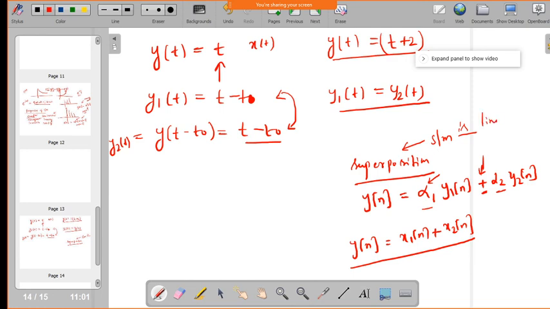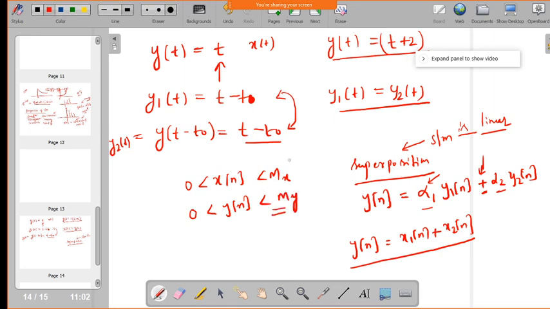We have done many problems on that. Now this is about the properties of the system, and stability. Say the input x of n has a finite set of values bounded by mx, and similarly the output y of n also has a finite set of output values.